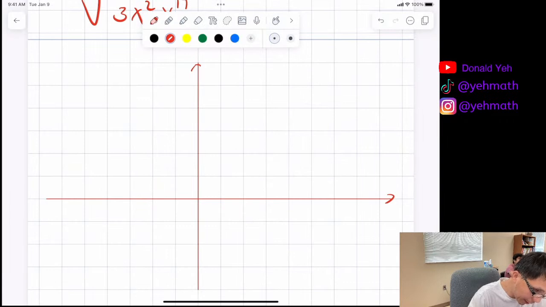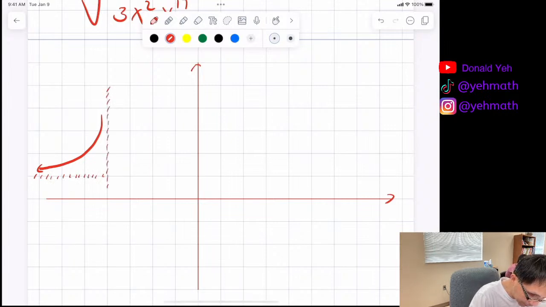So the first part of the graph is going to be something like, there is an asymptote going through this way. So there's an asymptote, and there's an asymptote here. Okay, so this is going up, and this part is going to go here and go in here. And I have a black dot right here.